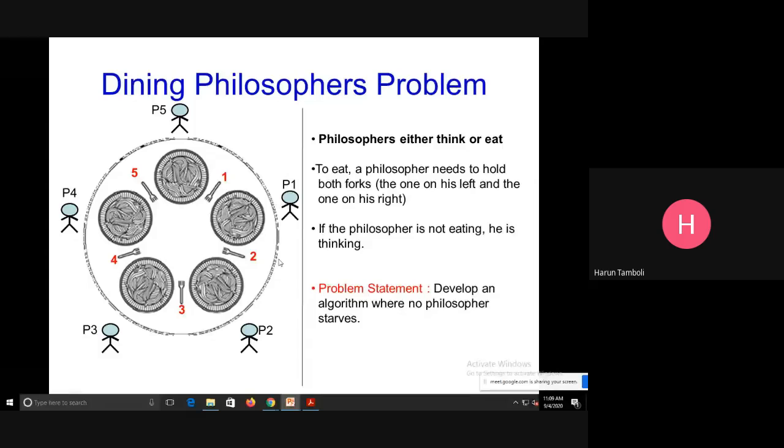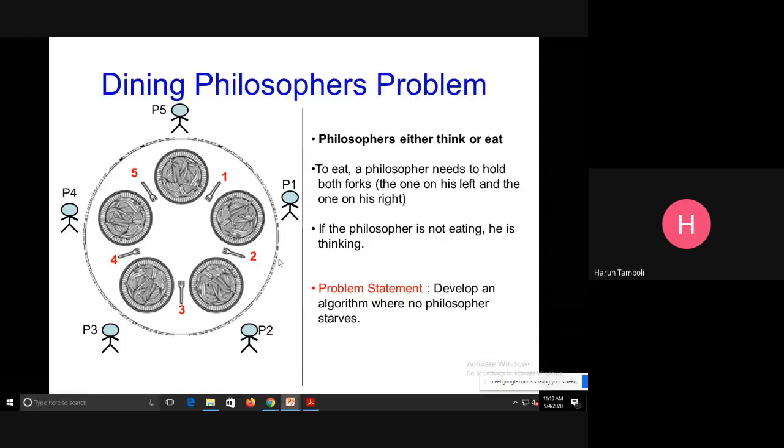Okay, so this is the dining philosopher problem. First, understanding the scenario. What is the dining philosopher problem? There are five philosophers, as you can see in the diagram, sitting around a circular table. There are five plates as well as five chopsticks to eat the food provided in the plate.